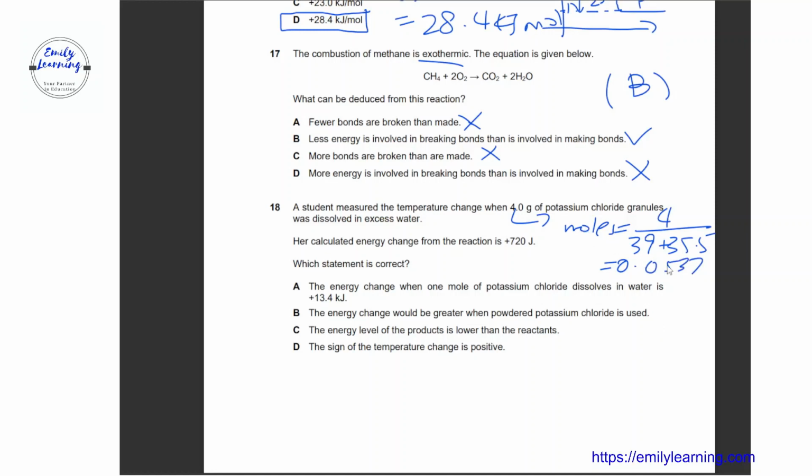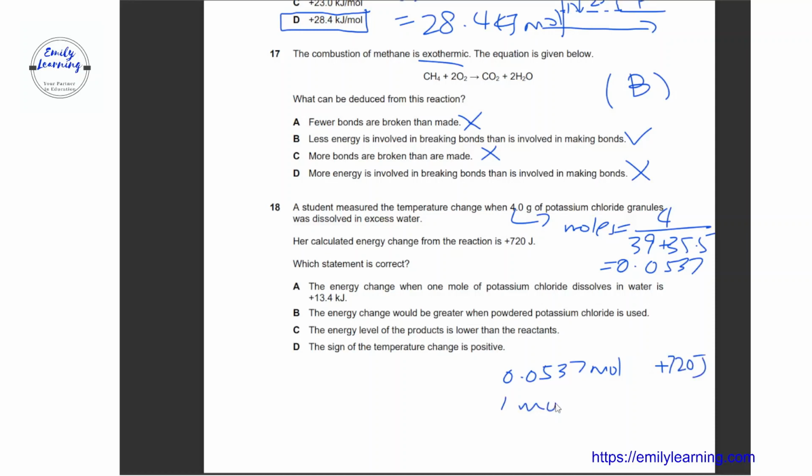Now you have this number of moles. You know that 4 grams will give 0.0537 moles, or you know that 0.0537 moles will give positive 720 joules.